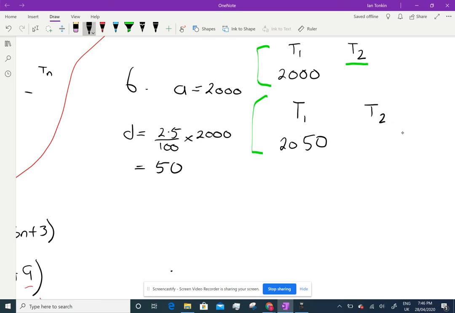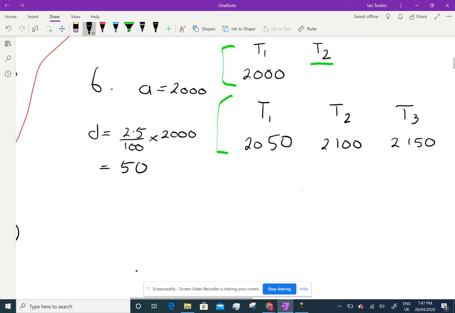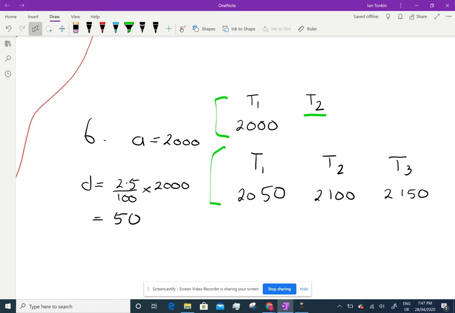So after 2 years, I've got 2,000 and another $50, 2,100. And after the 3rd year, I've got 2,150. Each year I'm adding $50. Now remember, if you were doing this method, you still get the same answers.